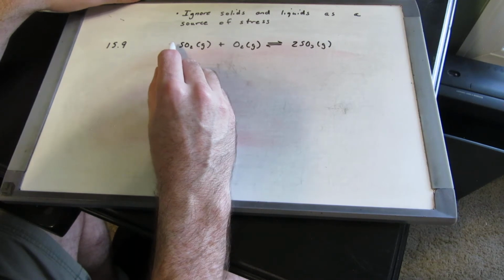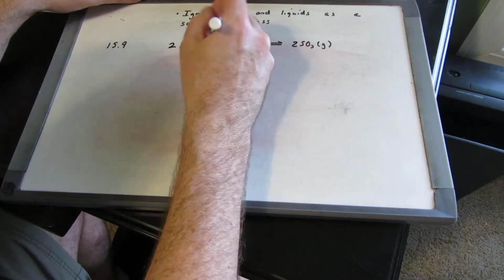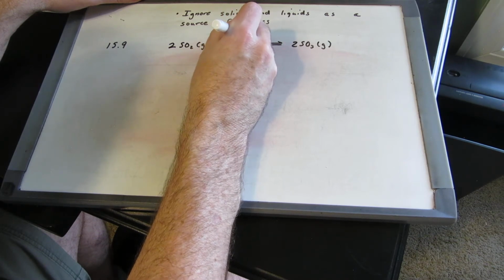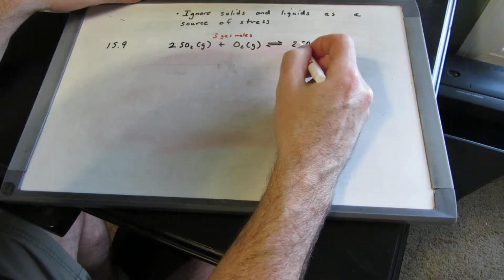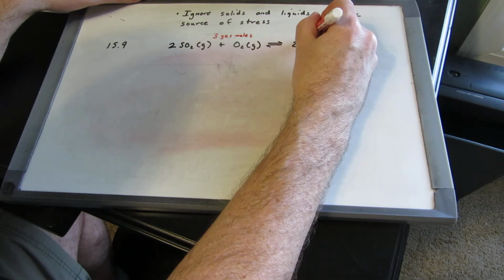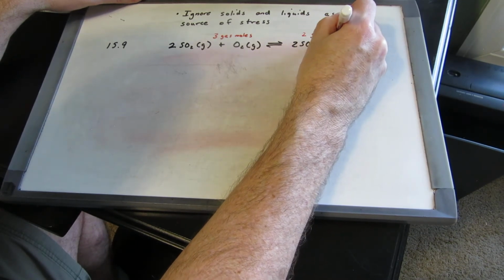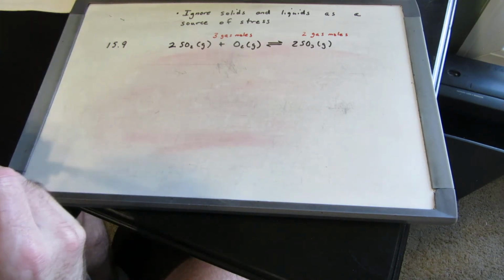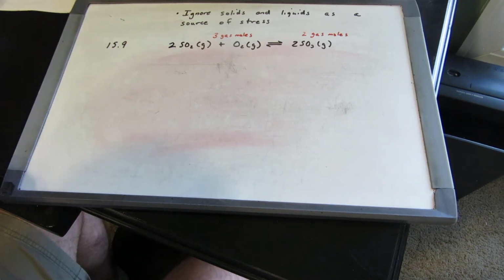You just look at the coefficients. 2 plus 1, on the left side we have 3. On the right side, we just have 2 gas moles. Moles, molecules, in this case you can think of them as the same.